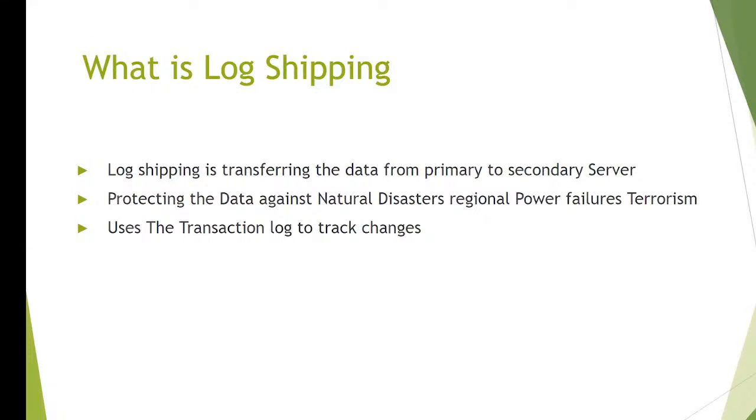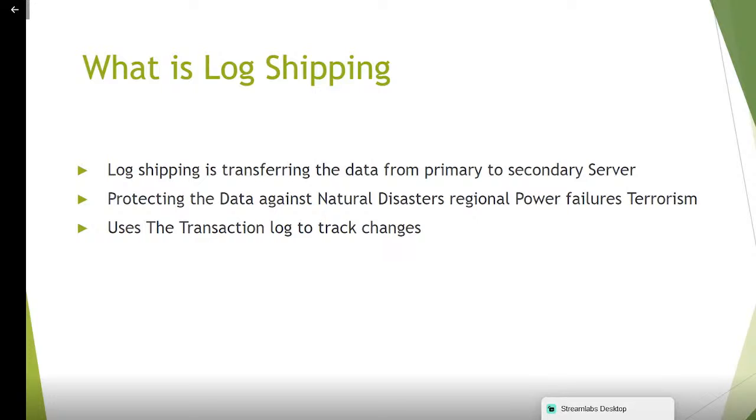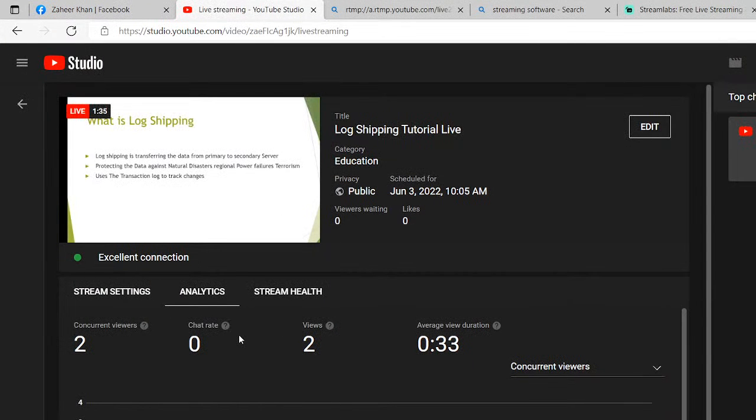If the transaction is shipped from a primary to a secondary and that particular primary server is down, then you can take a log backup by that time and recover the secondary as a primary. We have options to switch our ownership from a primary to a secondary. This is a big advantage in log shipping.